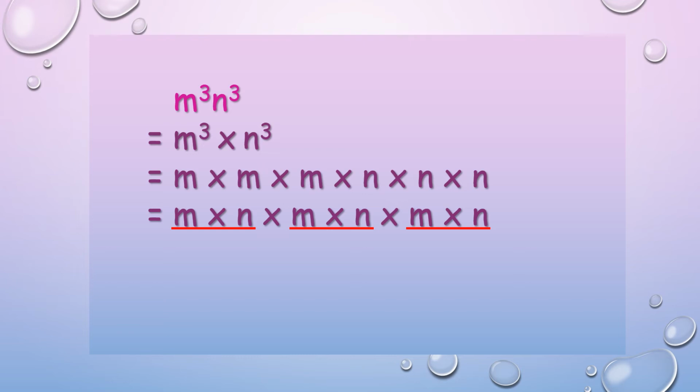So there are 3 m times n's: m times n to the power 3. By removing the multiplication sign, we can get this answer. This is mn to the power 3. So this is a power of a product. Yes, now you can write a product of powers as a power of a product.